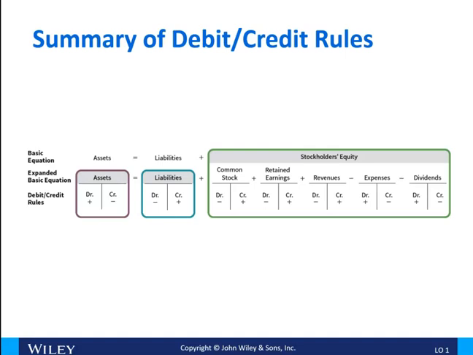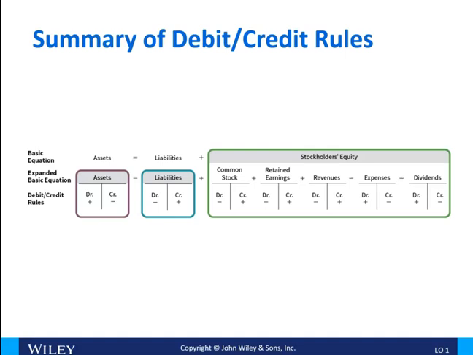Here's a summary of the debit and credit rules. Okay, similar to what we looked at in Chapter 1, assets equal liabilities plus stockholders' equity. We had accounts under assets, accounts under liabilities, different accounts under stockholders' equity, and we put pluses and minuses in that chart like we did in Chapter 1. What we were really doing is debits and credits, but we just didn't call it that.